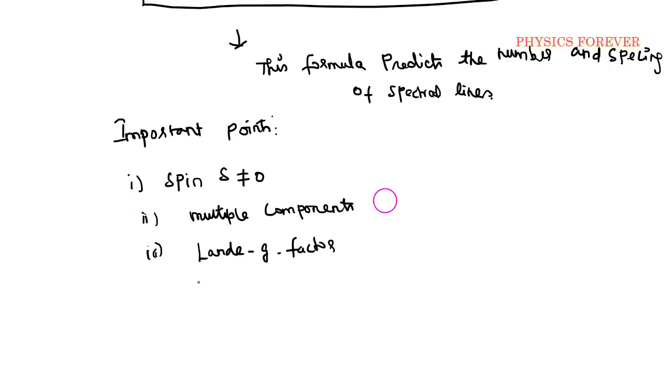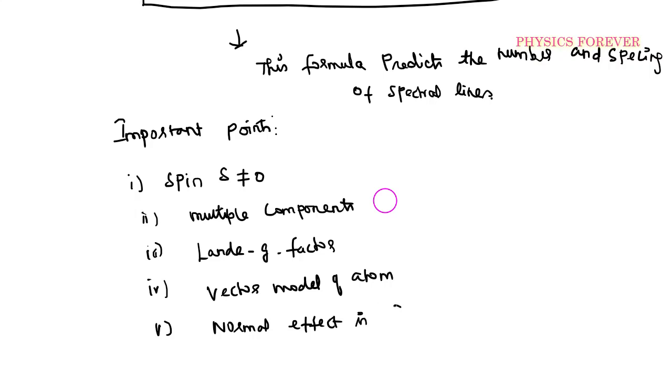Fourth, it supports the vector atom model, which may sometimes be asked, the vector model of the atom. Fifth, the normal effect is a special case of the anomalous effect.